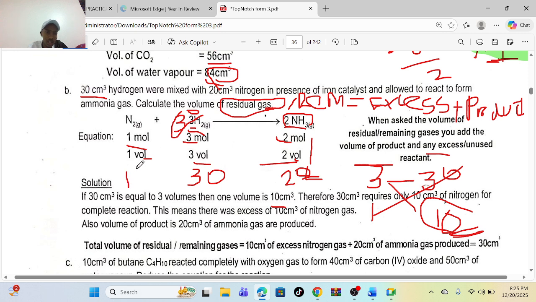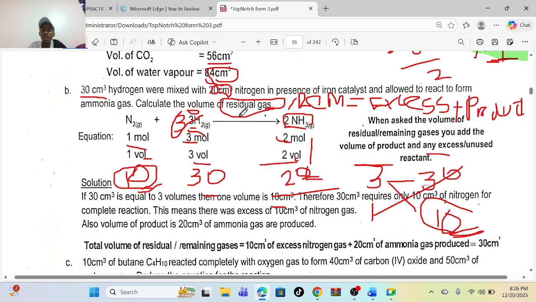Ingekuwa 10. So nitrogen ingekuwa 10, hii ni 30 na hii ni 20. So na nitrogen ambayo imereact ni 20. 20 ndio imereact na hydrogen. Meaning that how many iko excess? Ni 10 ndio iko excess.